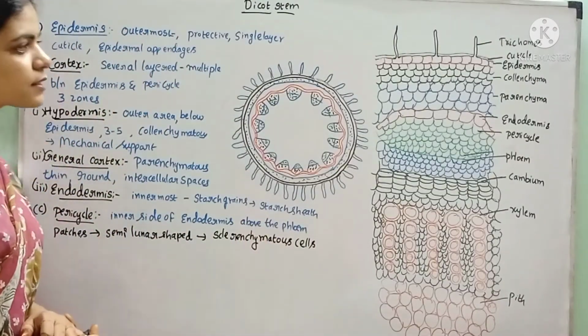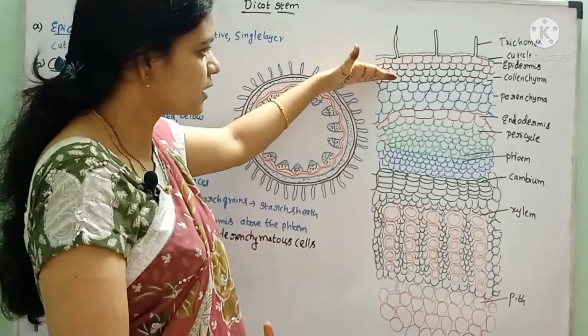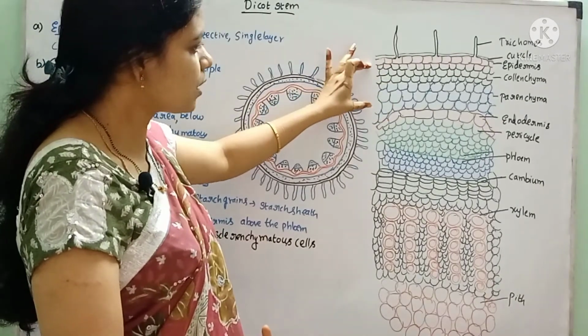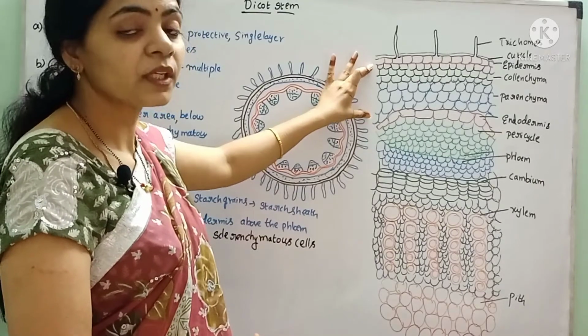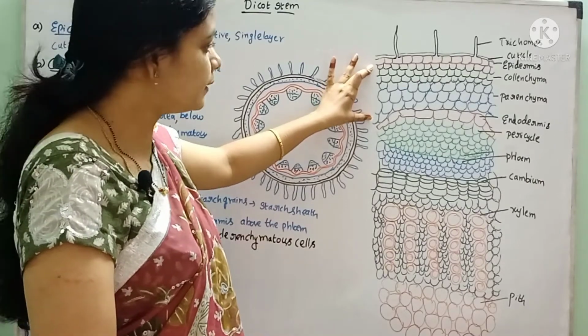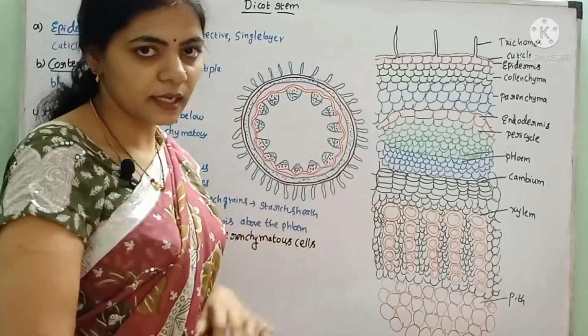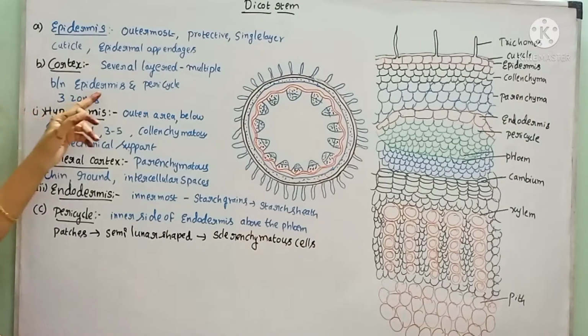Another one is the cortex. So below the epidermis, what is present? Below the epidermis, the cortex is present, and this cortex is several layered. It is present between the epidermis and the pericycle.